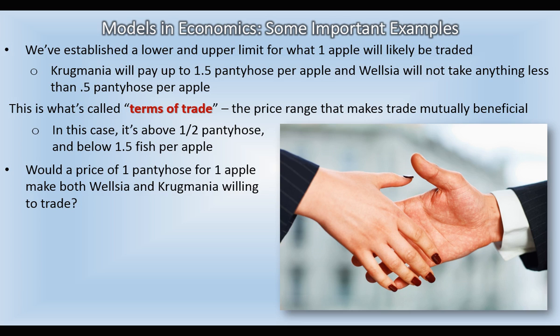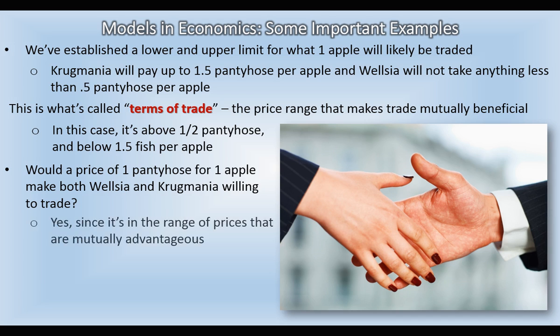They're willing to trade for a minimum of 1/2 pantyhose, but at most 1.5 pantyhose. What if they decide, well, let's just trade 1 for 1? Wouldn't that fall within the range? It would, right? So then it would satisfy the terms of trade, and they would be willing to trade pantyhose and apples 1 for 1. Again, yes, it is in the range of prices that are mutually advantageous.